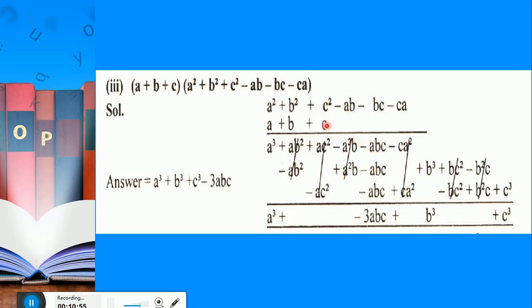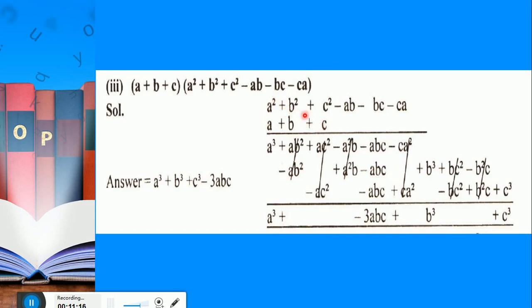Now multiply c with a square. So it is plus a square c or ca square. Write it exactly below this term ca square. Now multiply c with b square.